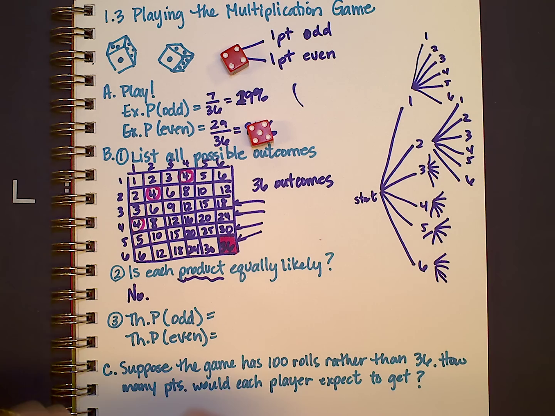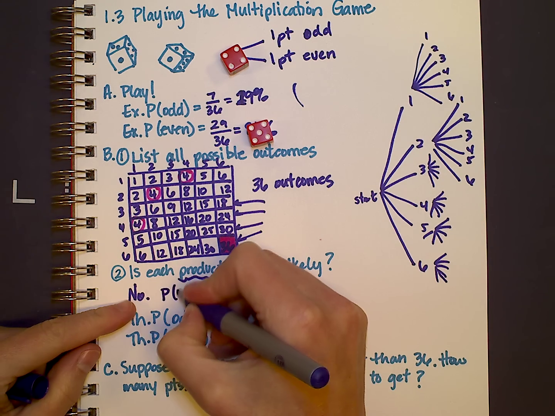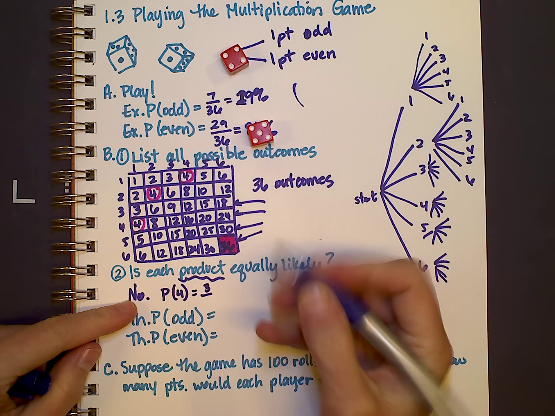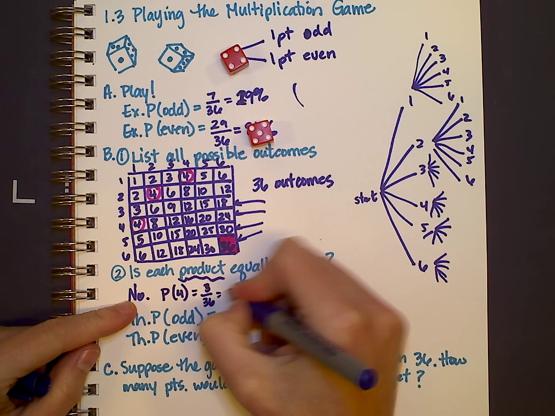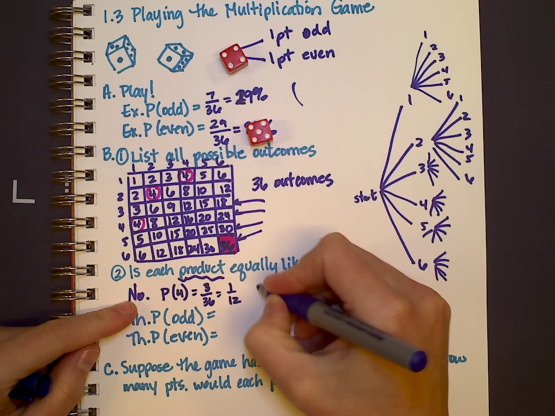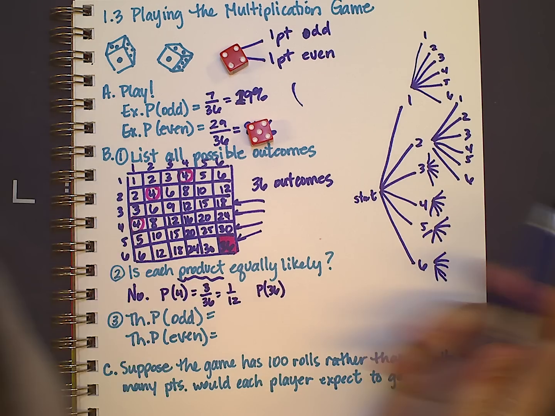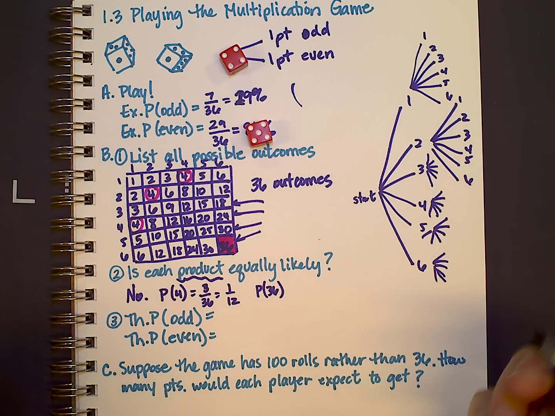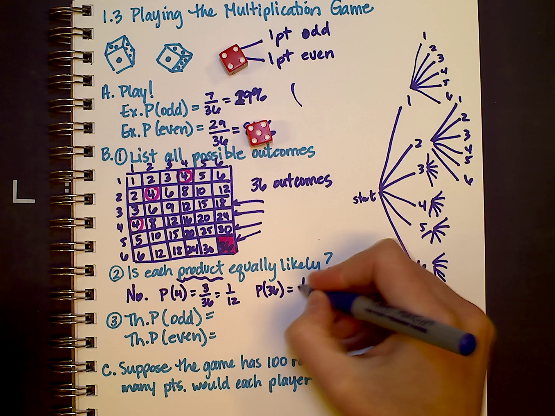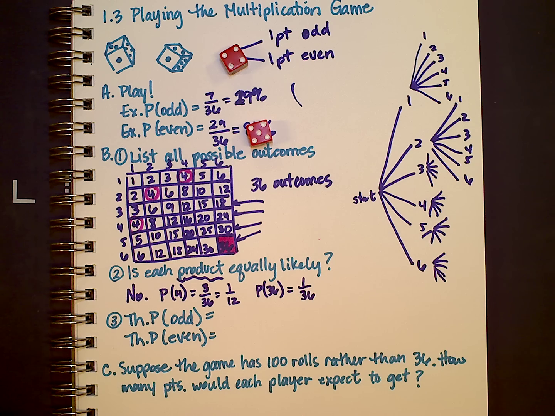So the probability of a 4 is 3 out of 36. But the probability of 36, or say 25, or 16, for example, is just 1 out of 36.